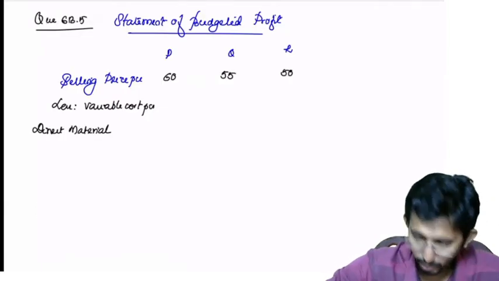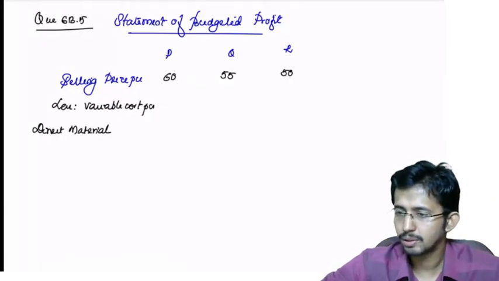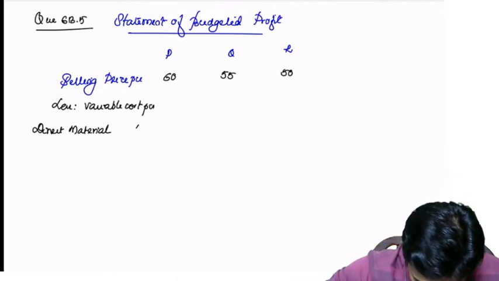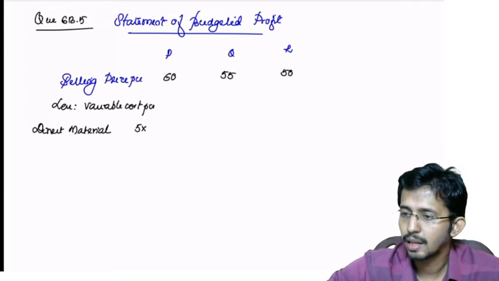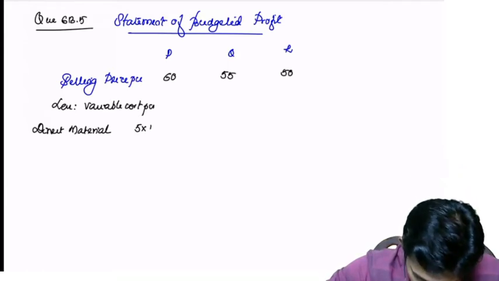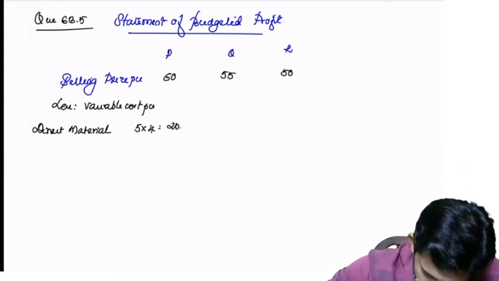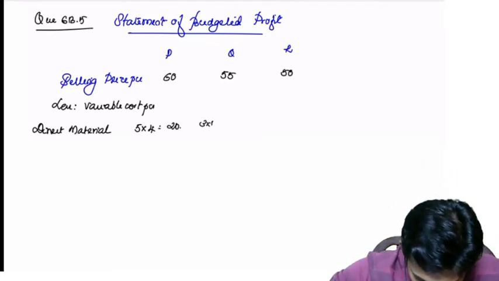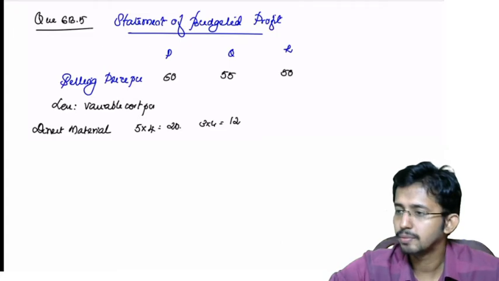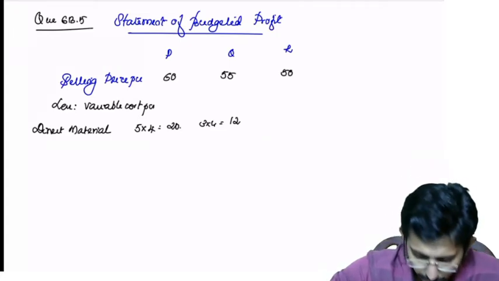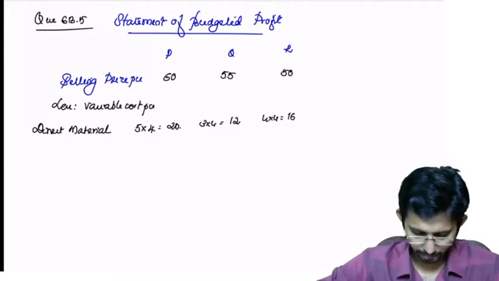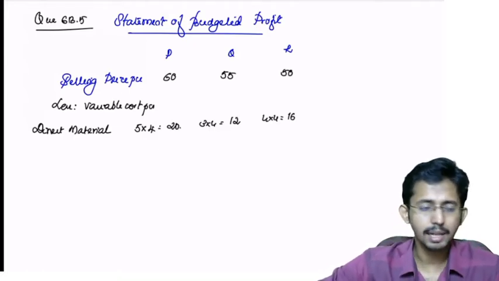Okay. So here it is. How much? Direct materials 5 kgs, and what is the material cost? 5 into 4, so 20. Then next is 3 into 4, so that is 12. Then 4 into 4, that is 16. So that is with respect to the direct material.